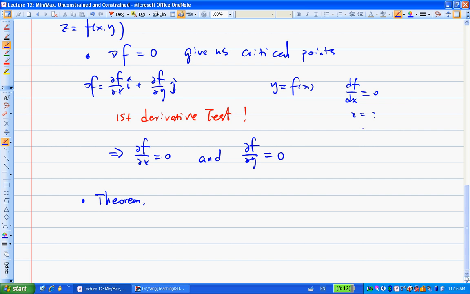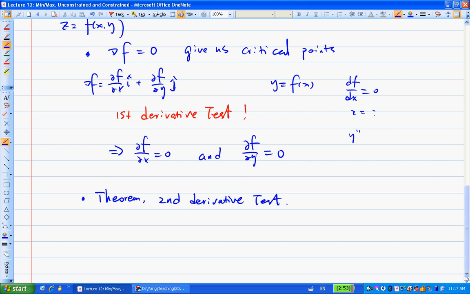Second derivative, right? You take y double prime and look at the sign of y double prime. So same thing here, we're going to use a second derivative test. But it's a function of two variables, so it's not going to be as easy as just y double prime. So here's the theorem. It's a bit long.